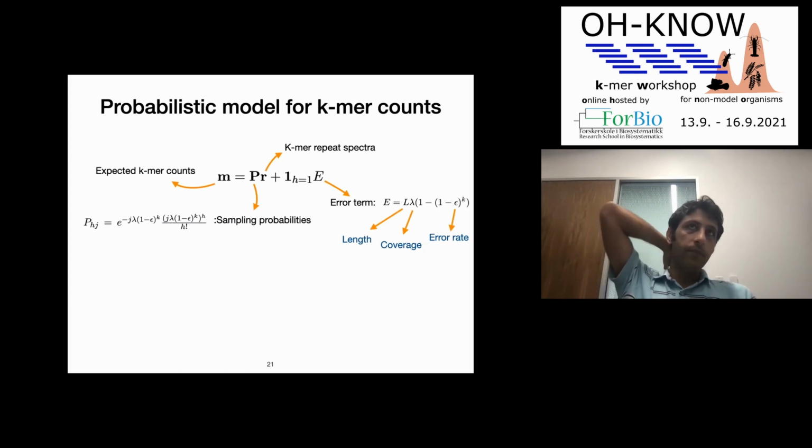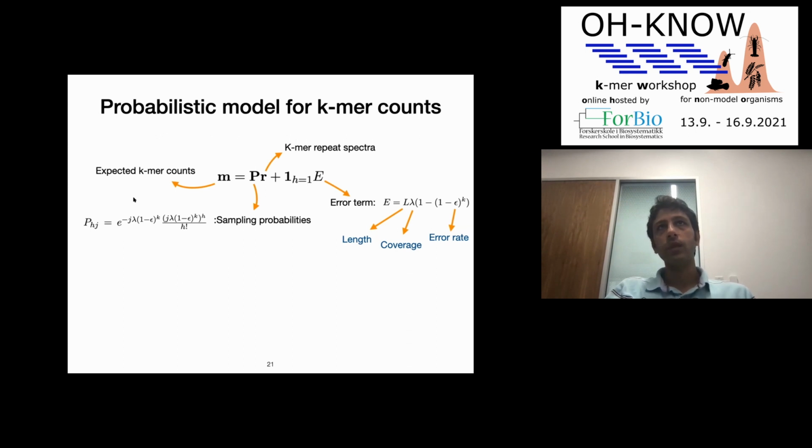Okay, so now let's think about this a little bit more mathematically. Let us assume that this vector R here is the repeat spectrum of the genome. So R is what we are interested in. R is what we want.